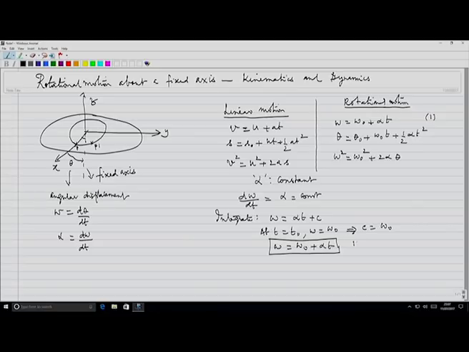I will write here. From this I will make use of it later, t is omega minus omega naught by alpha.